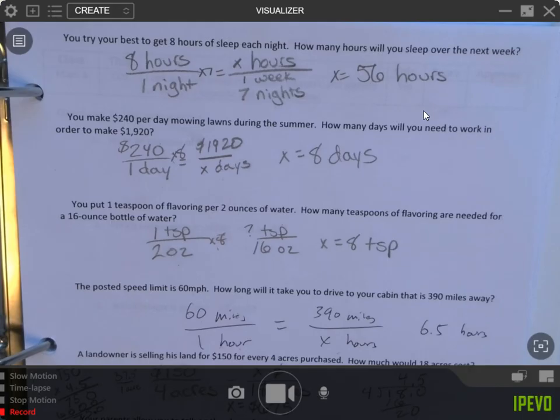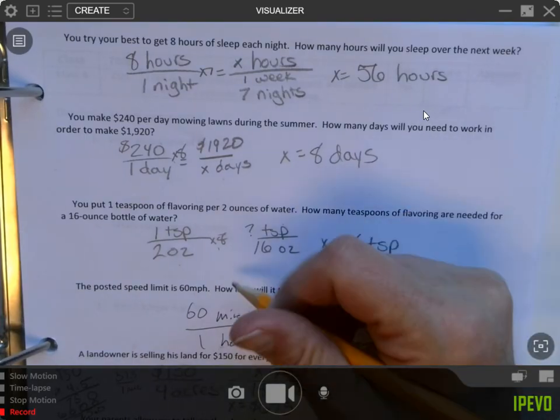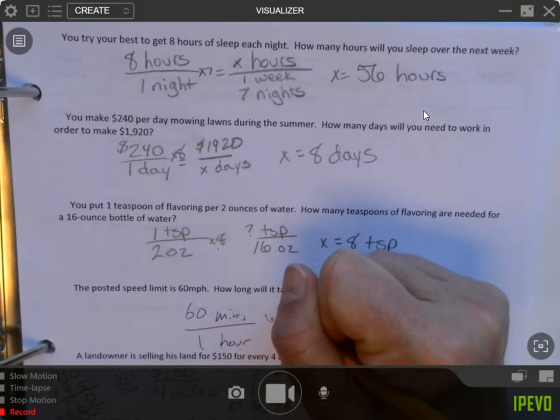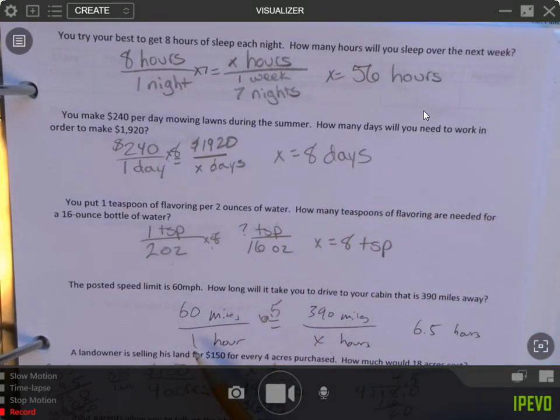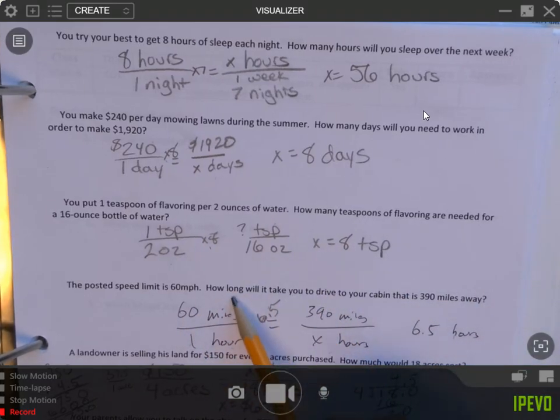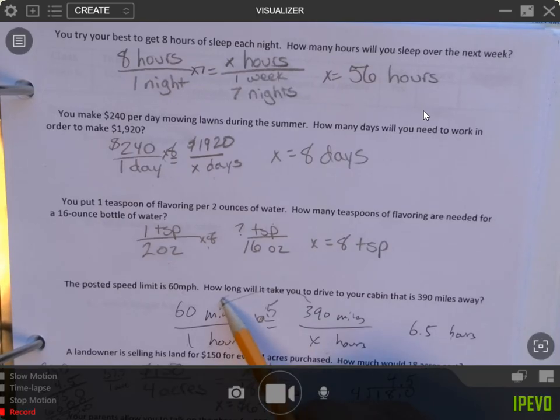So I did 390 divided by 60, and I got 6.5. So I knew I had to do 1 times 6.5 to get 6.5 hours. So if you don't know what to multiply up with, you go backwards and you divide.